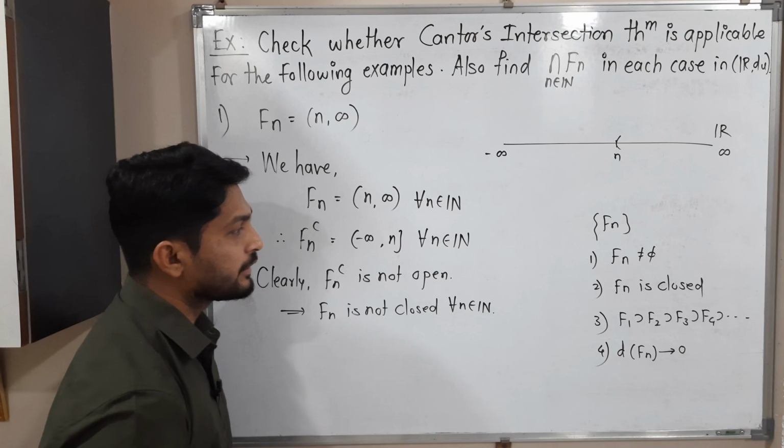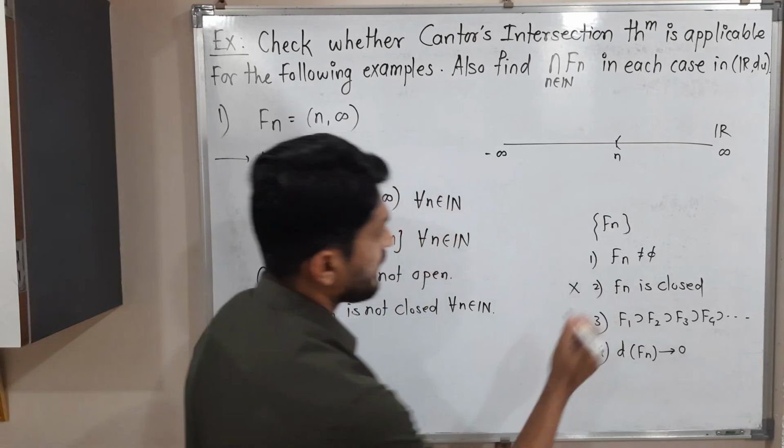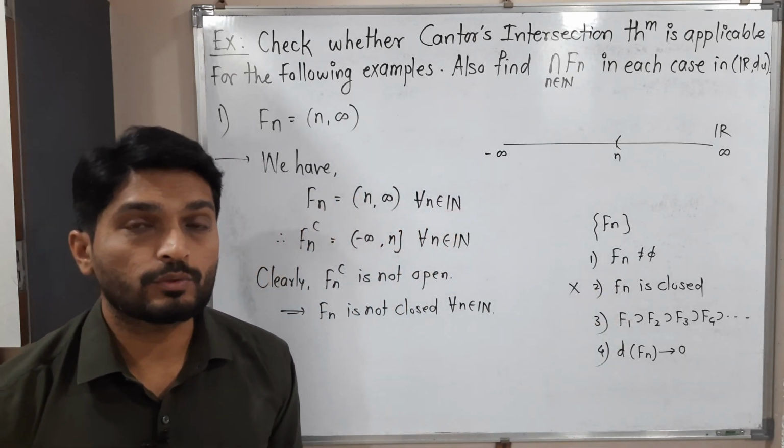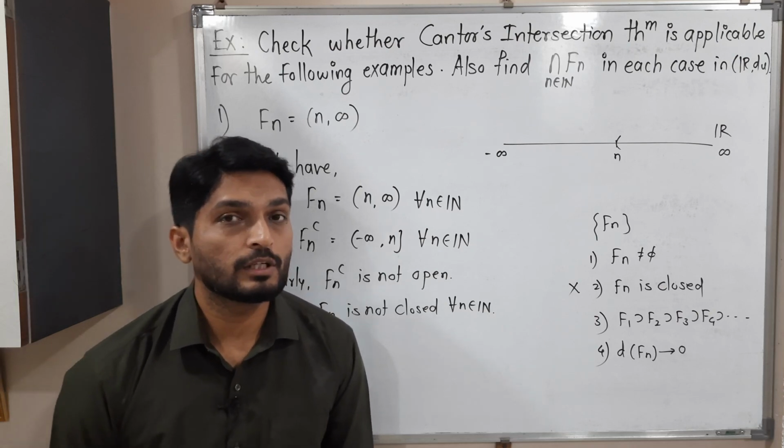That means the second condition, that Fn is closed, is not satisfied. So Cantor's intersection theorem is not applicable.